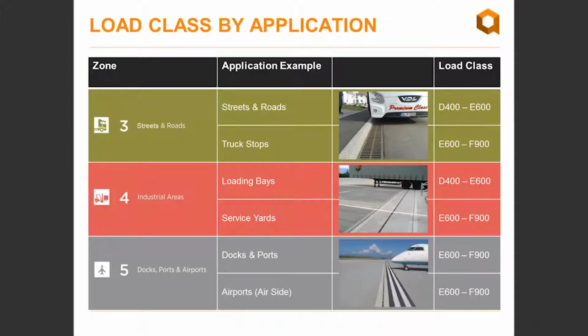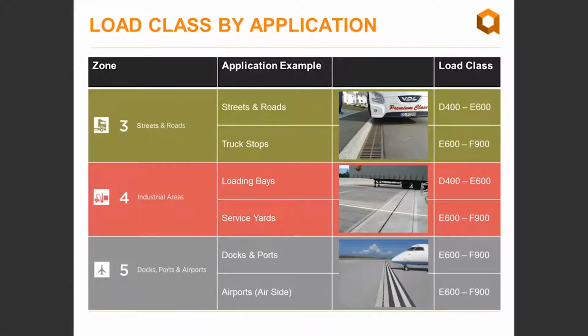Zone 5, which is the extra heavy-duty application. So docks and ports is the first example. E600 is the minimum. Usually we have container forklifts in docks and ports, so this needs to be at least E600, and depending on the frequency and the load and everything, it could be F900 also.